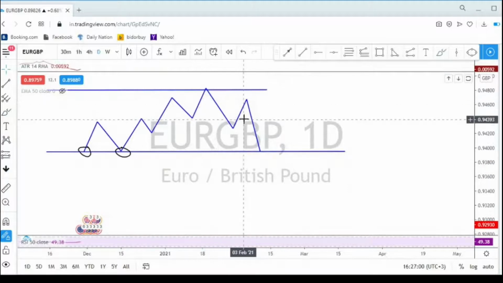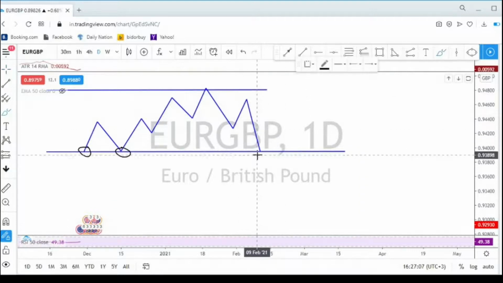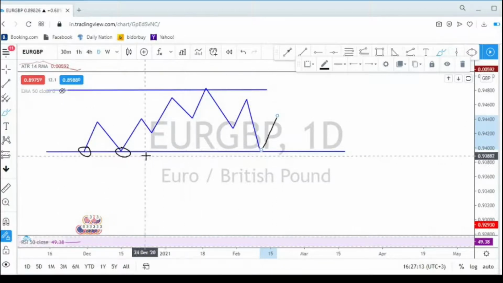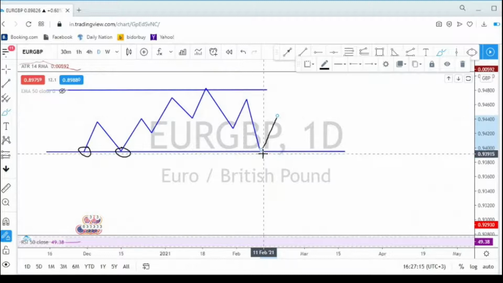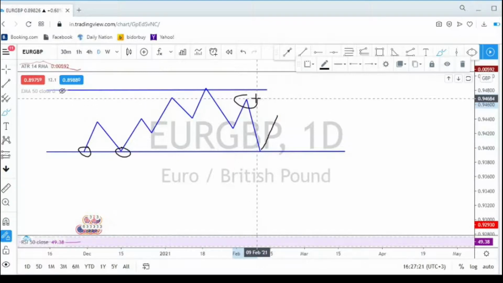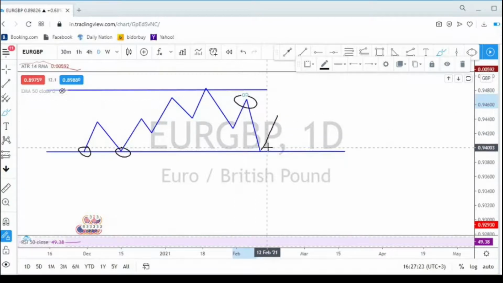And if the market comes back to this level, what's likely to happen is a push up from this level, because so many buyers are looking at this level and waiting for the market to come to this level, and so many sellers that sold this market from this point are taking their profits off at this level.